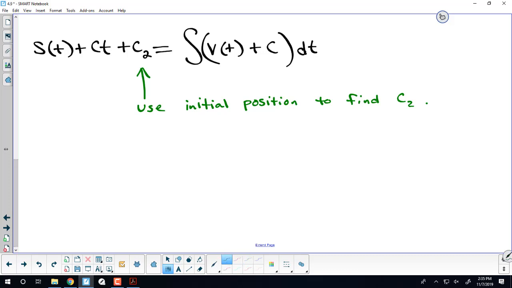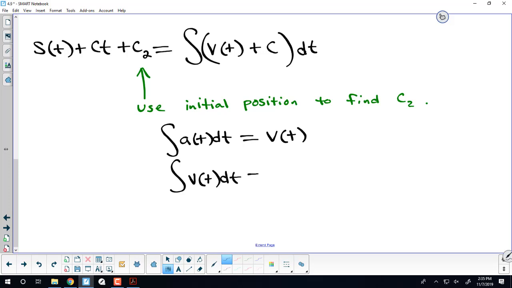The more condensed version is that the antiderivative of acceleration is velocity, and the antiderivative of velocity is position. It's not really a technical way to write it, but to think about it that way isn't entirely wrong.